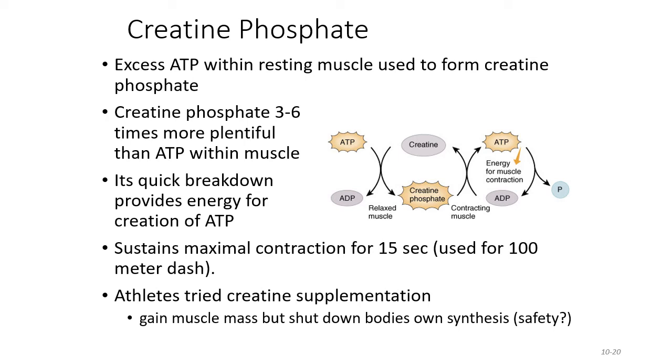So when we do have a large amount of ATP, an excess amount within the cell itself, that excess ATP is relatively unstable. So we're going to take one of the phosphates and donate it over to creatine. That's going to form creatine phosphate.